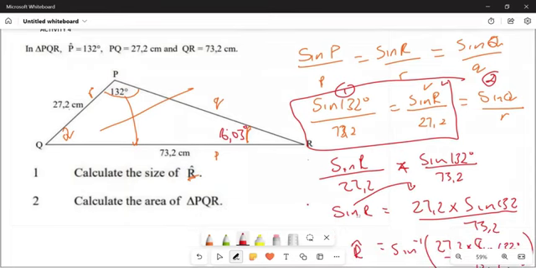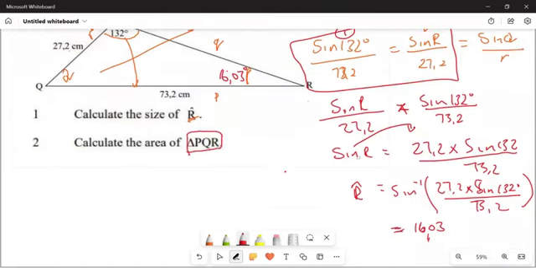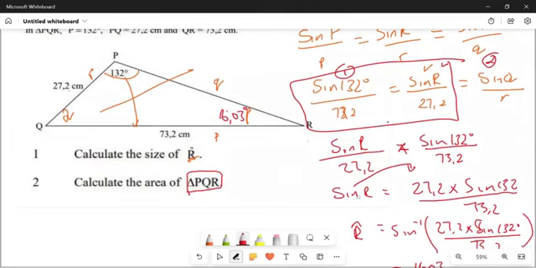Okay, let's go to number 2. On number 2, they say we should calculate the area of triangle PQR. Now, we spoke about the area. How do you define an area? For an area, you need 2 given sides and an included angle. So let's check now. We can't use R because we don't know what Q is.